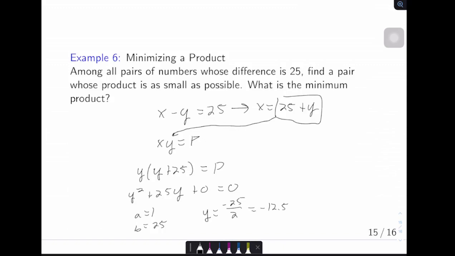Cool. Plugging that back in, we can get x is equal to 25 minus 12.5, or x is equal to 12.5. All right, so the two numbers are x is equal to 12.5 and y is equal to negative 12.5. Cool.